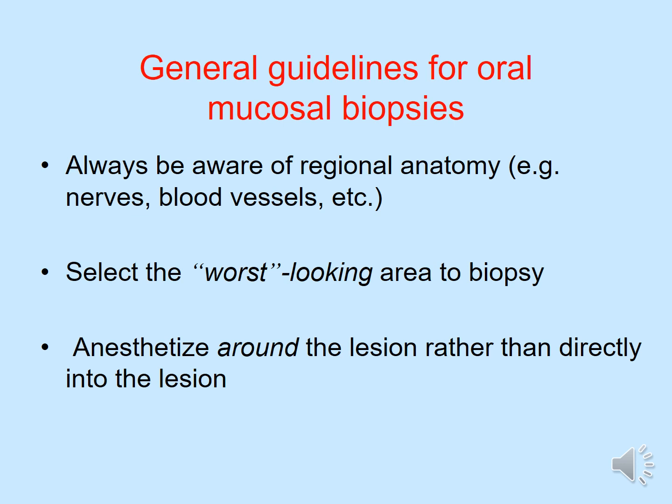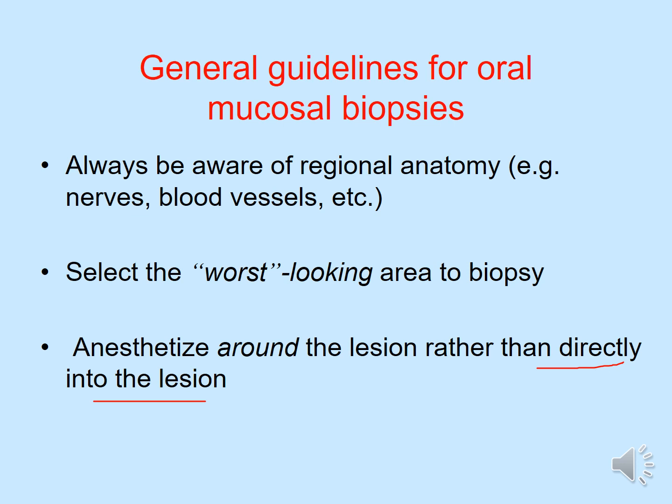Okay, we anesthetize around the lesion rather than directly into the lesion. The reason we do not anesthetize directly into the lesion is because when you inject anesthetic liquid into the lesion, it leads to distortion of cells, which can lead to microscopic misdiagnosis.